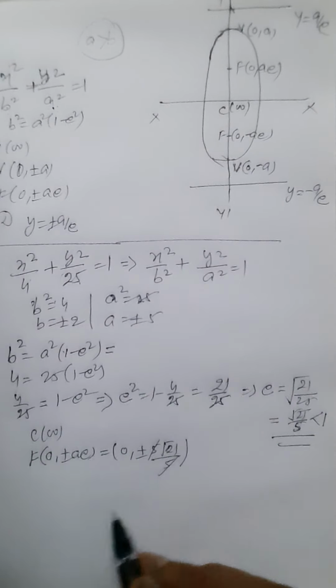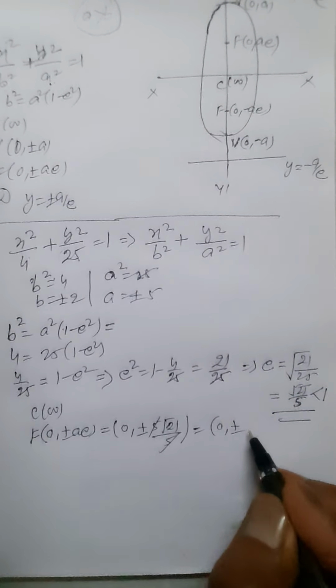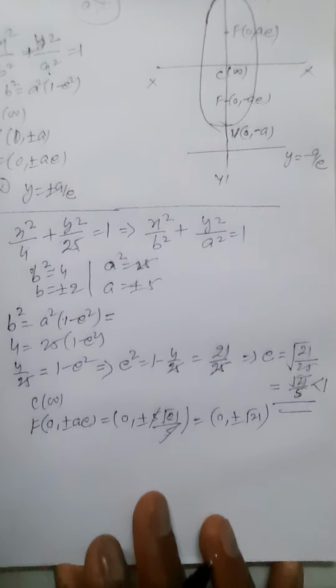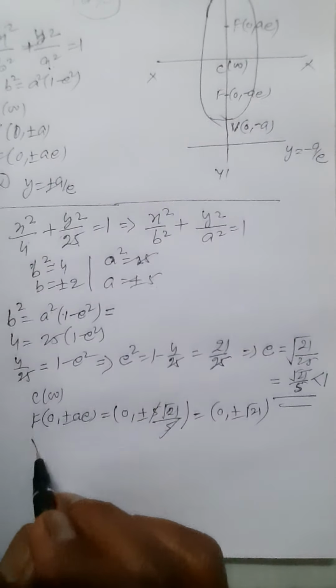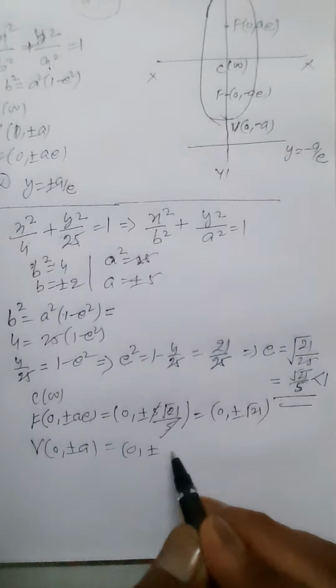5 will be cancelled out. So answer is 0, plus minus root 21. Next is vertices 0, plus minus a, 0 plus minus 5.